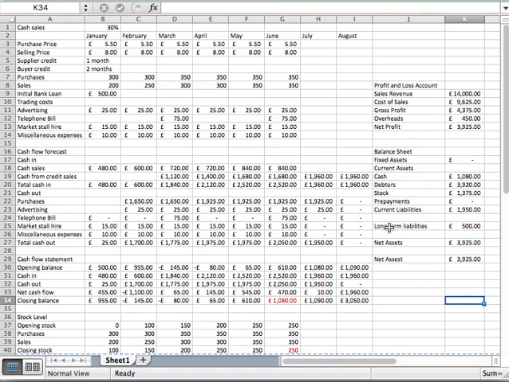So just to remind you, the cash flow is on a monthly basis. The profit and loss is 1 column of figures for the whole of the 6 months, and the balance sheet 1 column of figures as at the end of June. And these 3 documents show how the numbers link together.